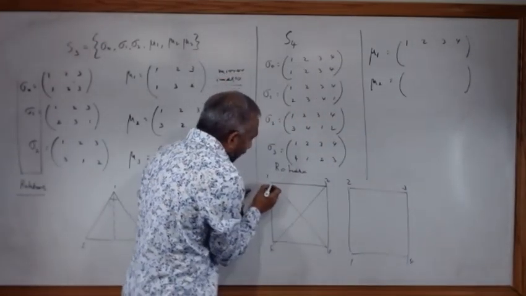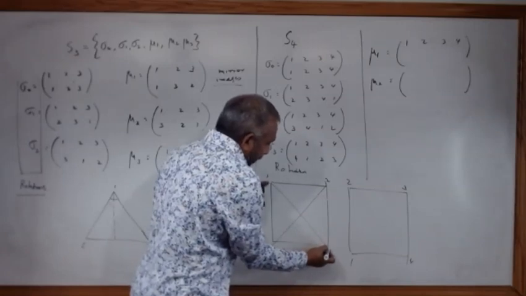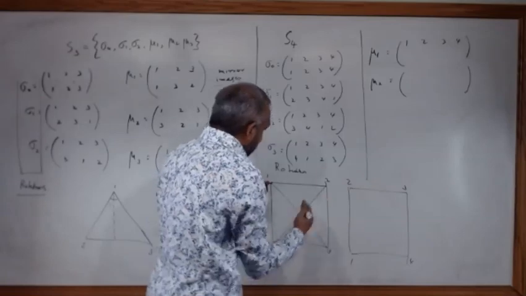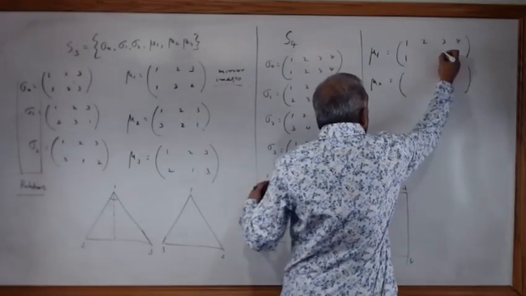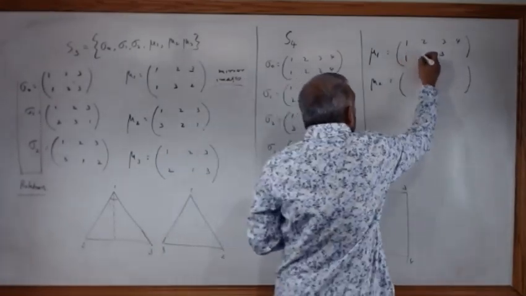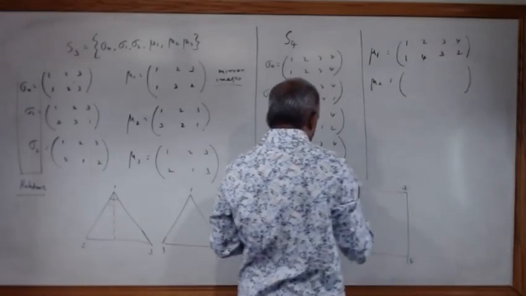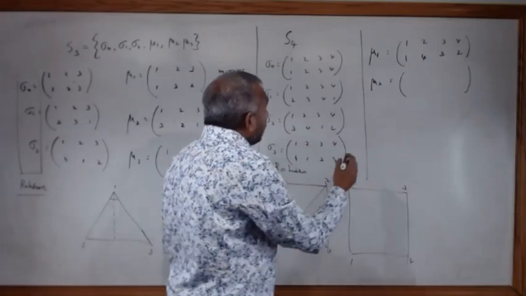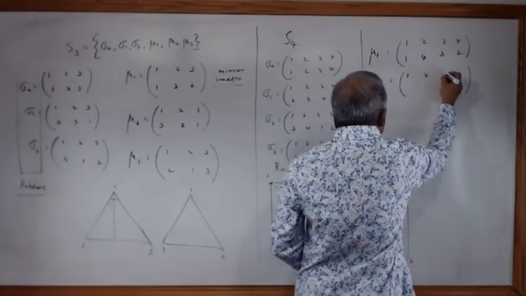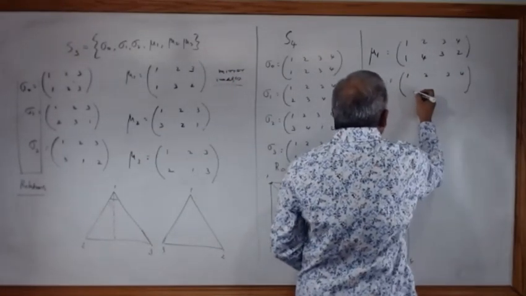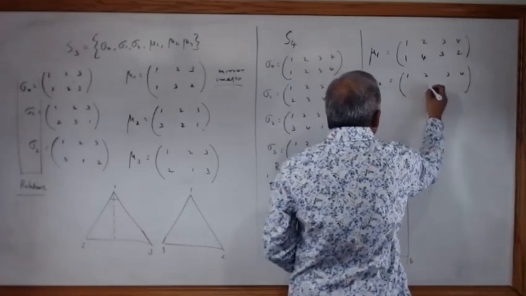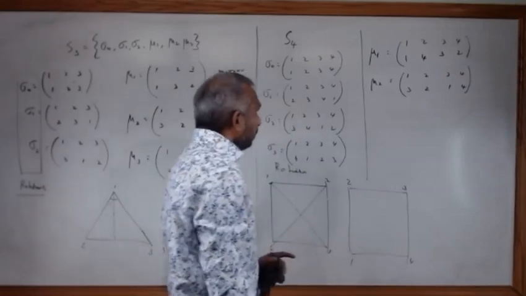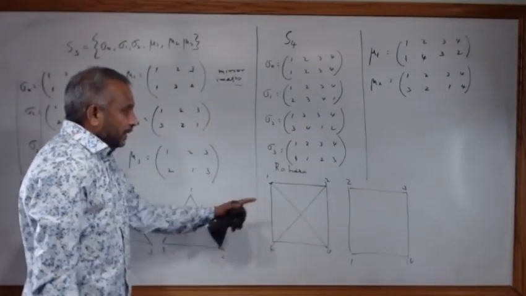If you draw an angle bisector here, these two are fixed and these are turned. So 1, 3 do not change, but this is going to be 4, 2. And if you take this as fixed and change the other one, then this will be 2, this will be 4, this will be 1 and this will be 3. That is the angle bisector.